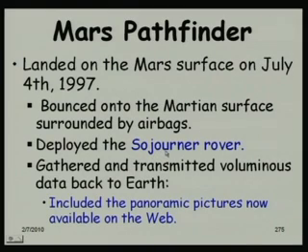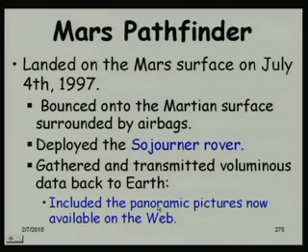So, the Sojourner rover is the one which was released to roam around the surface. The Sojourner actually roamed around, gathered data, voluminous data, started transmitting to the earth, and there are many pictures that were sent.